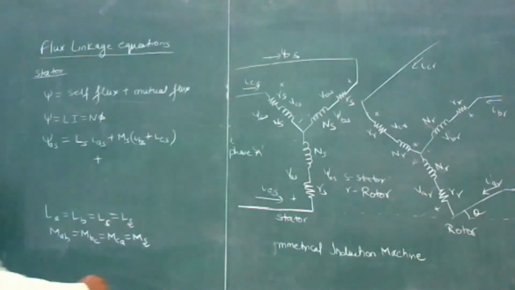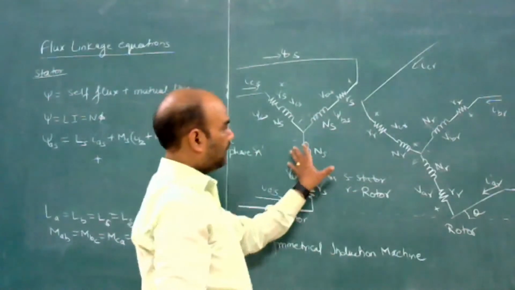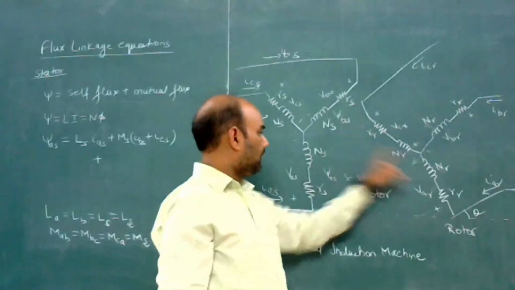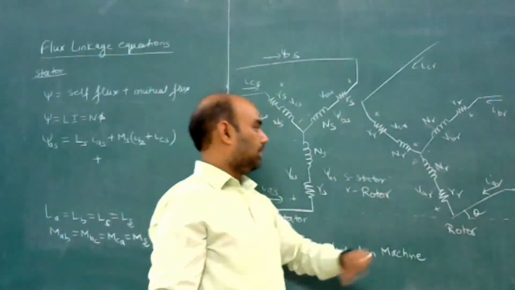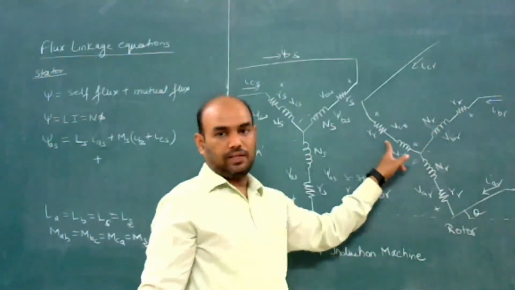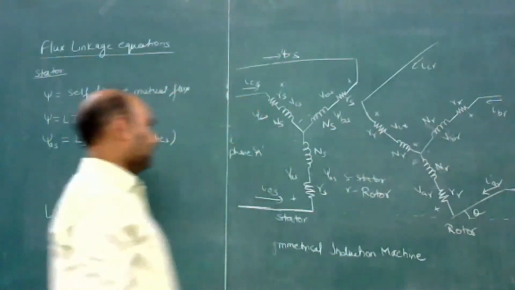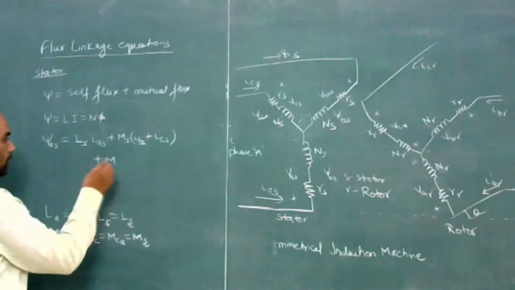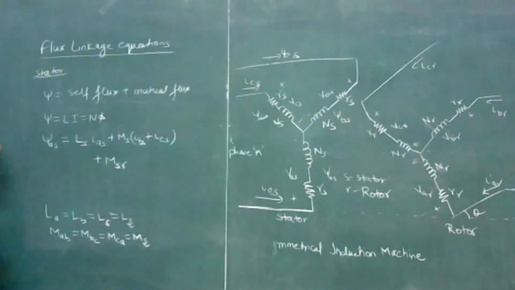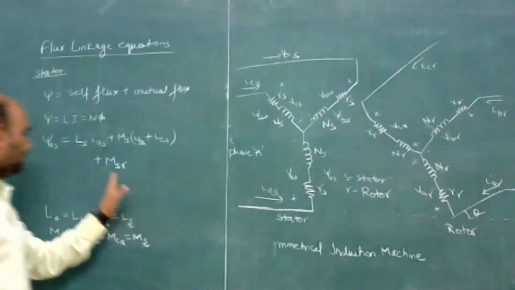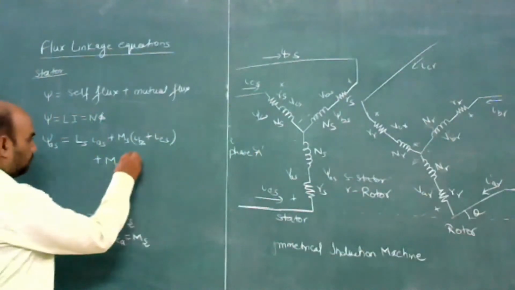a mutual flux that will interact with the rotor circuit also. So this will interact with the rotor phases A, B, and C. Let the mutual inductance between the stator and rotor be Ns.